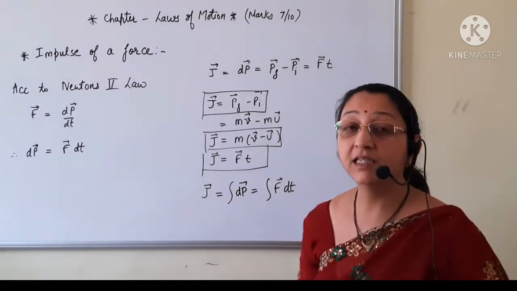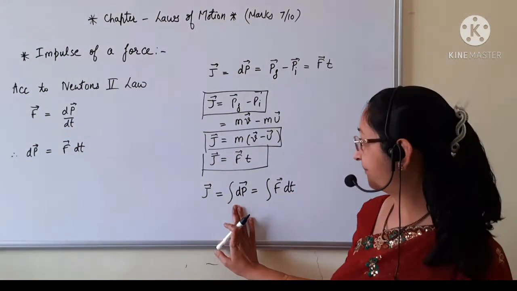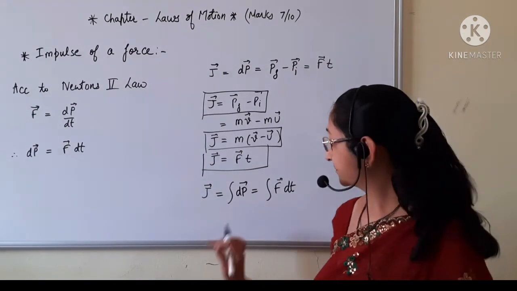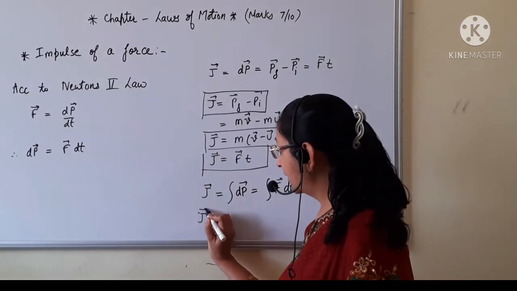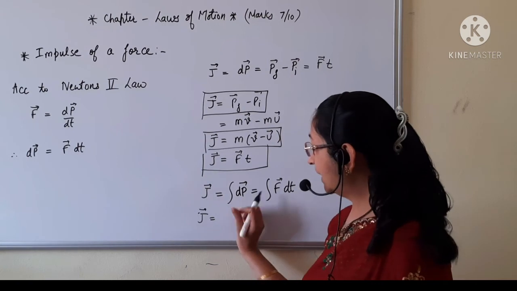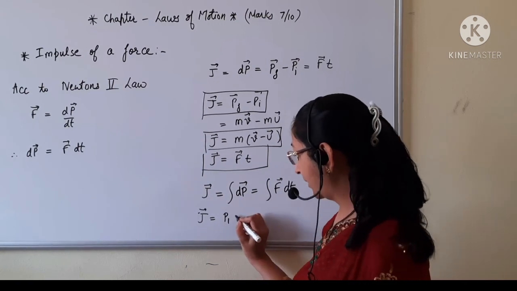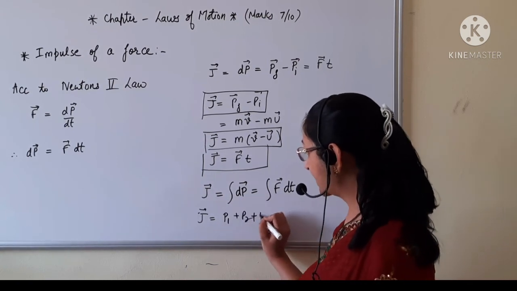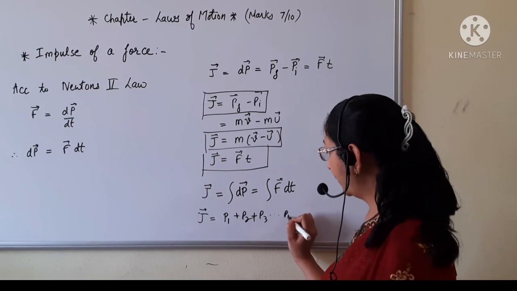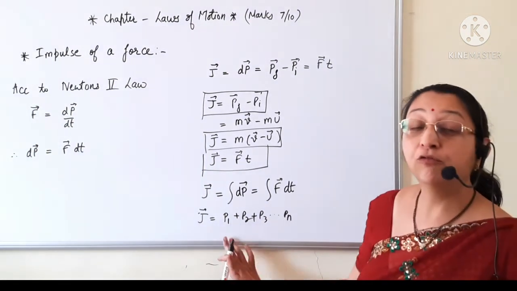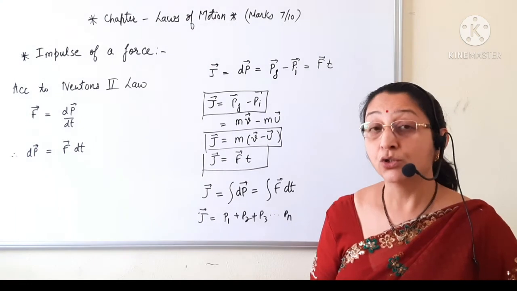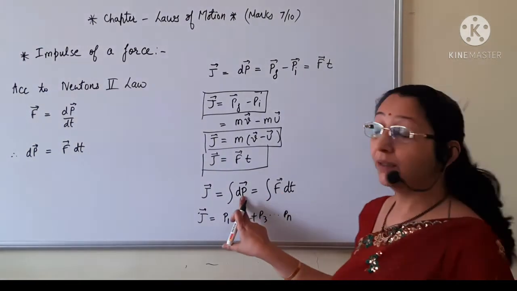Now, what is the reason for taking the integration? Here, this J is the change in momentum, this dP1 plus dP2 plus dP3 dot dot up to dPn. Since the force is changing, the momentum is changing.